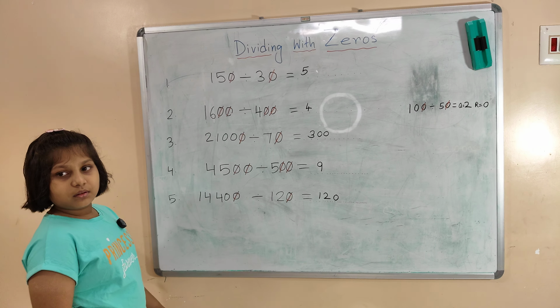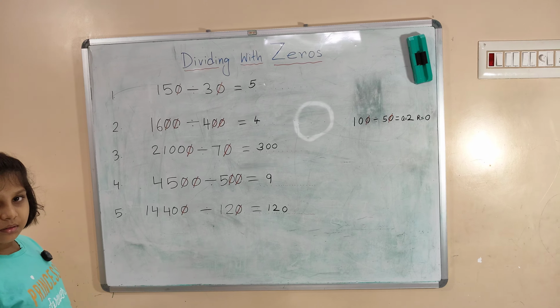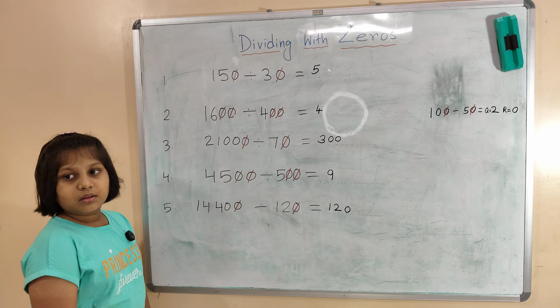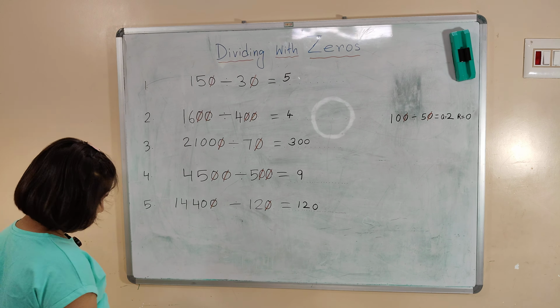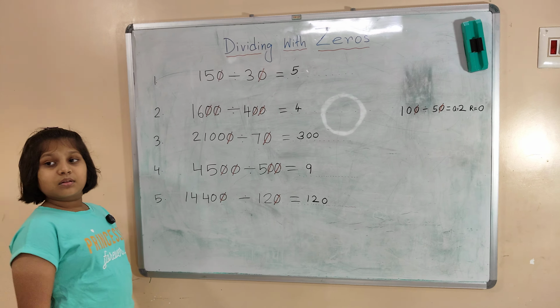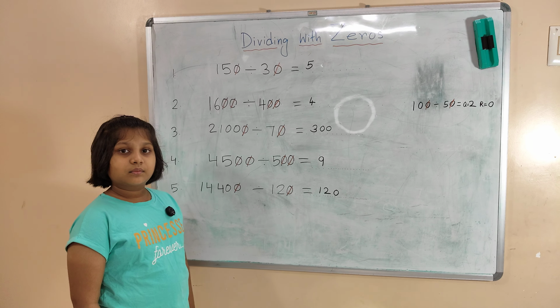Let the number be as big as it likes, no problem. If the number ends with zeros, the division will take only a few seconds. But if the number has zeros in between, then you can't follow these tricks.